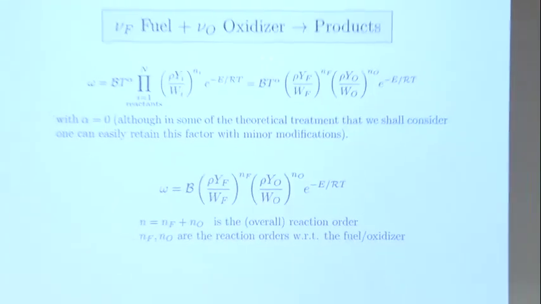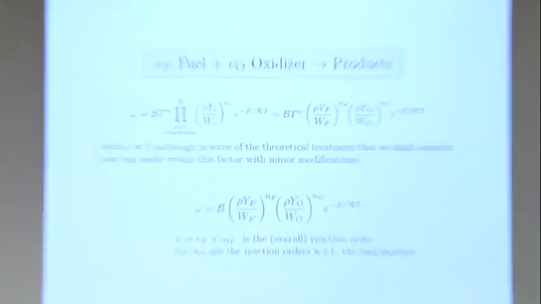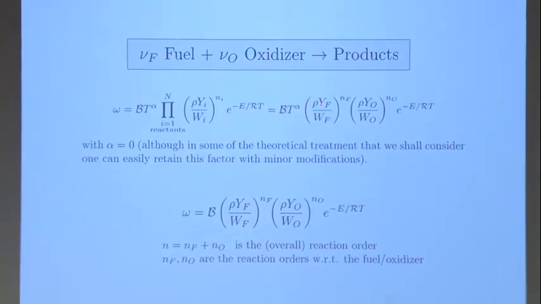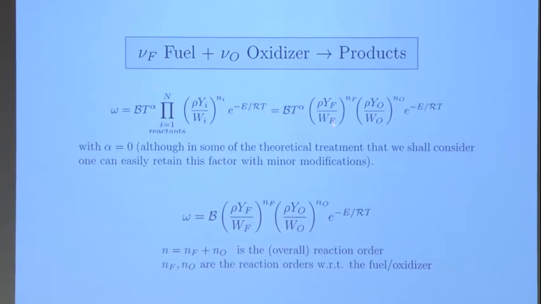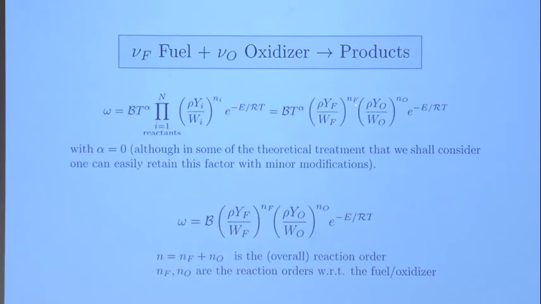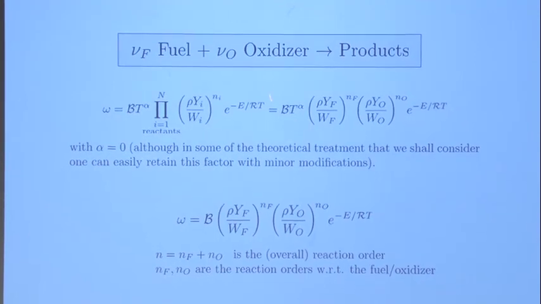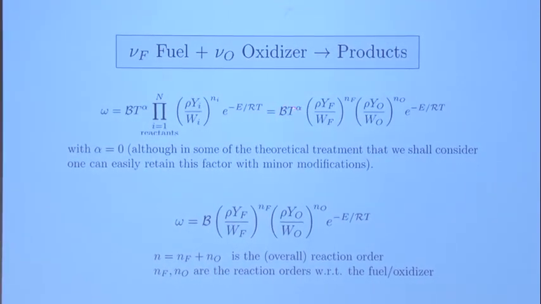Okay, so the reaction rate is going to be the concentration of the fuel, which is rho Y_F divided by the molecular weight of the fuel, raised to some n_F, which is empirically known, the reaction order; times the concentration of the oxidizer raised to n_O; and the Arrhenius dependence on temperature, with a pre-exponential B T to the alpha.